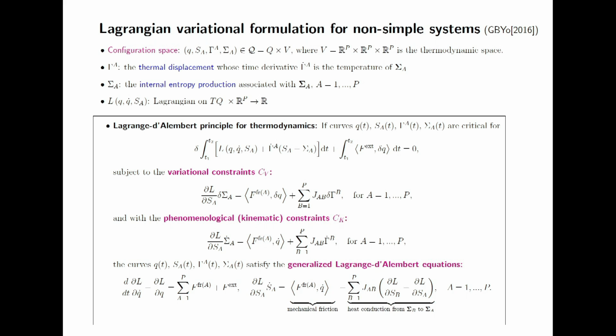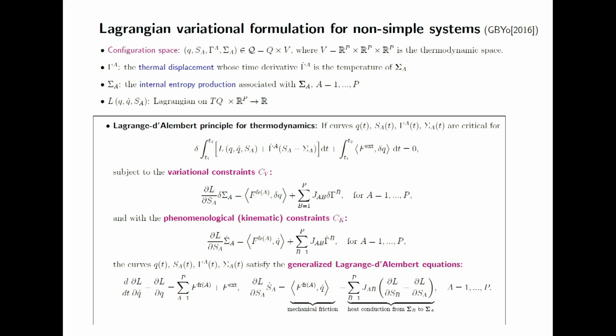In this context, our Lagrangian variational principle is given by the Lagrange-d'Alembert principle, which says that if the curves q, S, gamma, sigma are critical for this variational condition with respect to the chosen variational constraints, and satisfy the phenomenological or kinematic constraint here, then the curve satisfies the generalized Lagrange-d'Alembert equations like this.